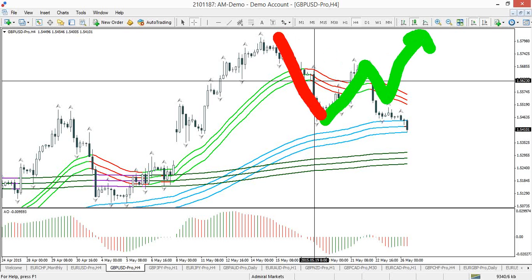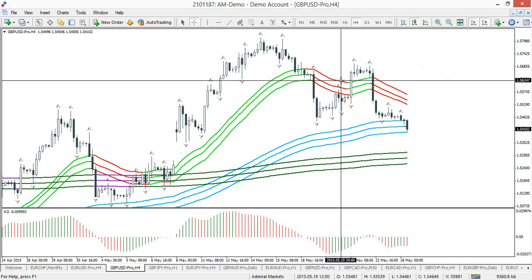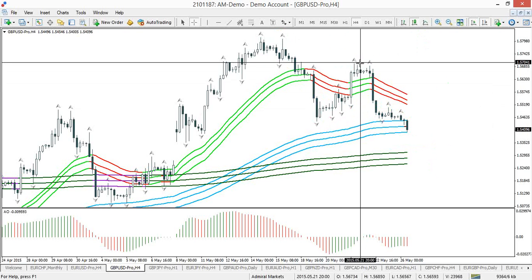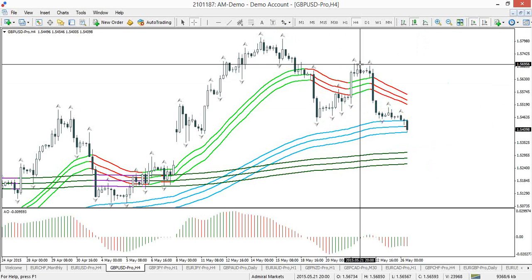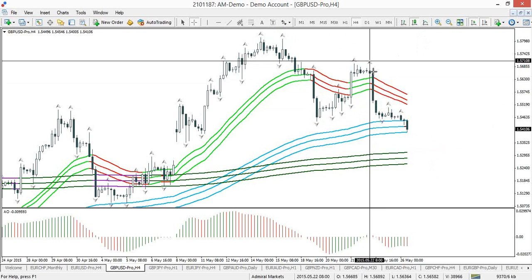Either way, taking a long here was okay because you still had some potential left. The problem was that I mentioned 157.25, so it didn't get up there.